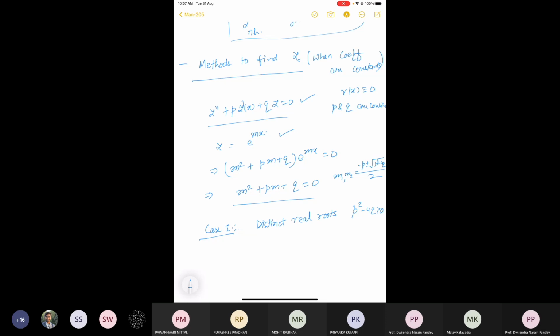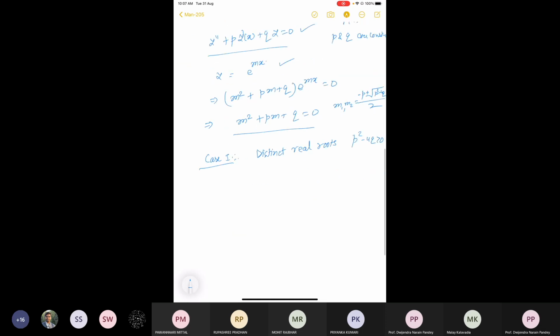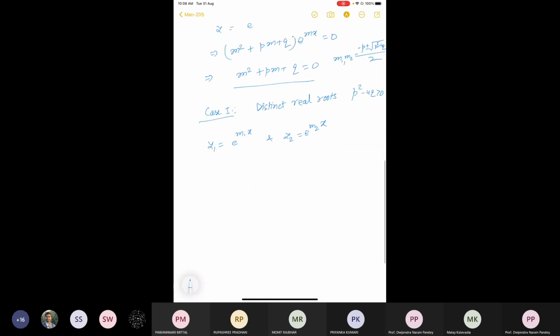If the discriminant is positive, the roots are distinct and real. Then the solutions are y1 equal to e to the power m1x and y2 equal to e to the power m2x, which are linearly independent, so they form a fundamental set of solutions.